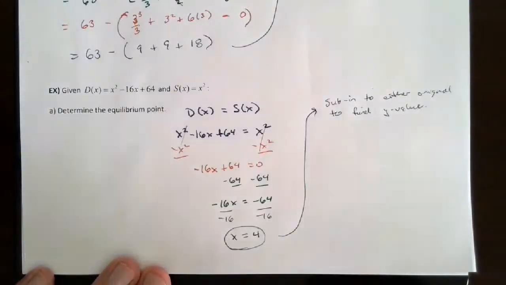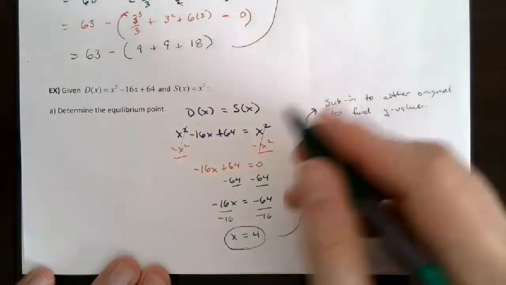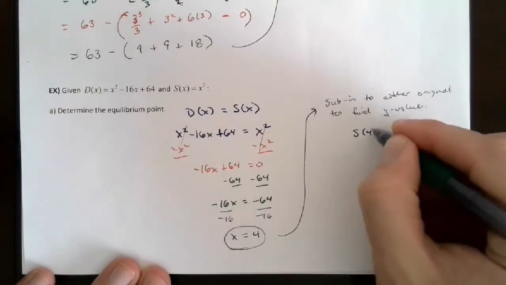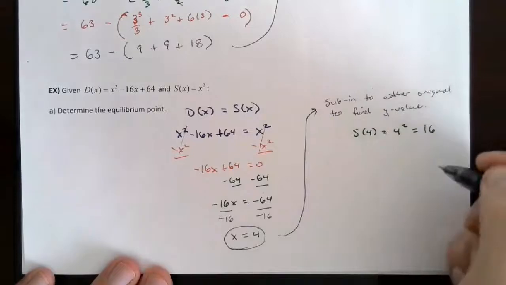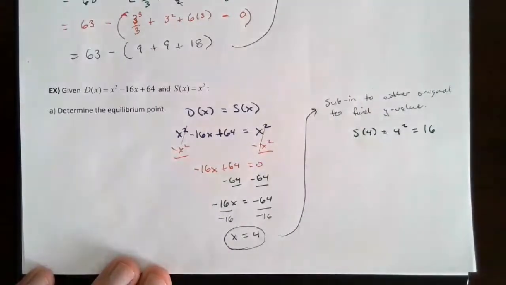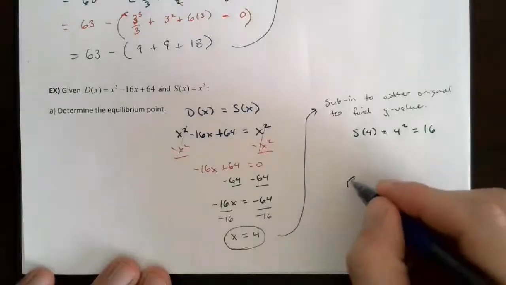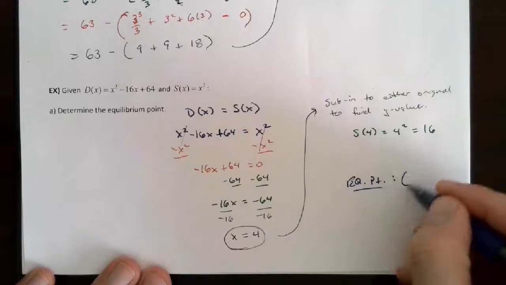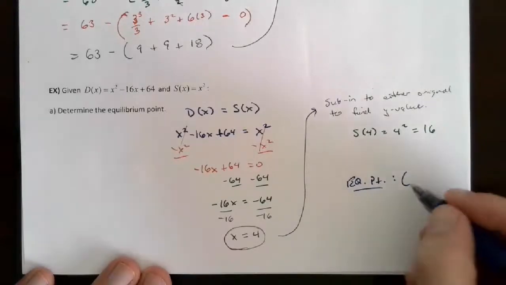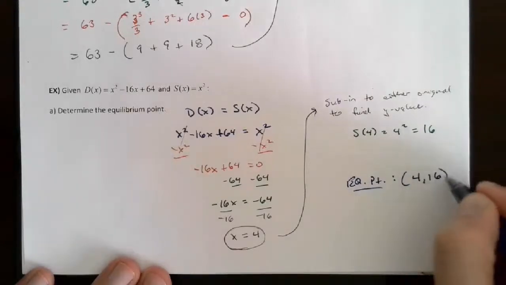So I'll just use the supply curve, easier to work with, just one substitution. So I'll take s of 4, which equals 4 squared, which equals 16. So the equilibrium point x comma y is 4 comma 16.